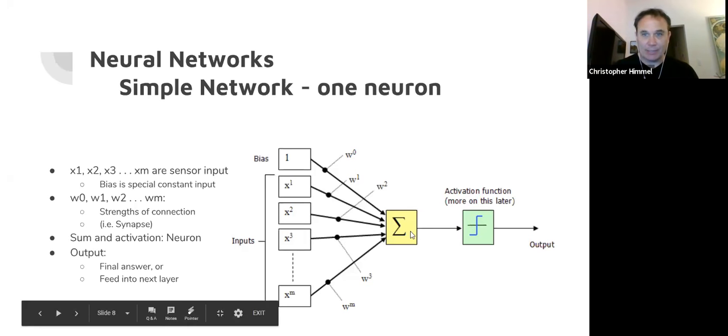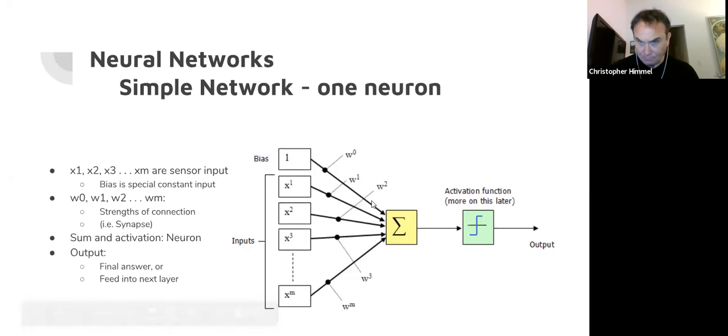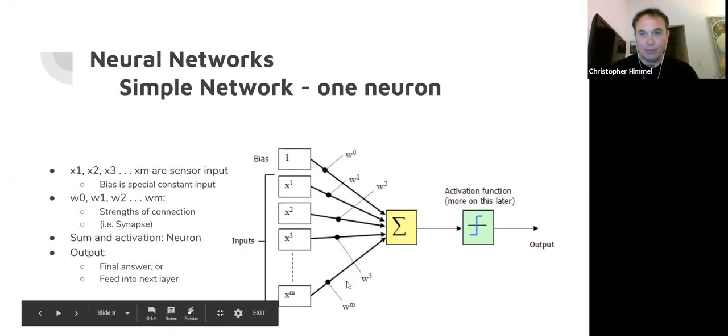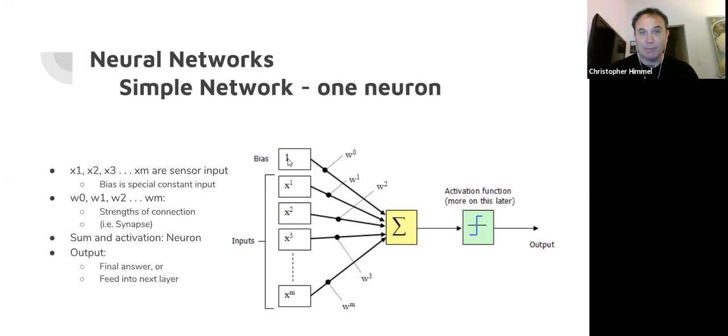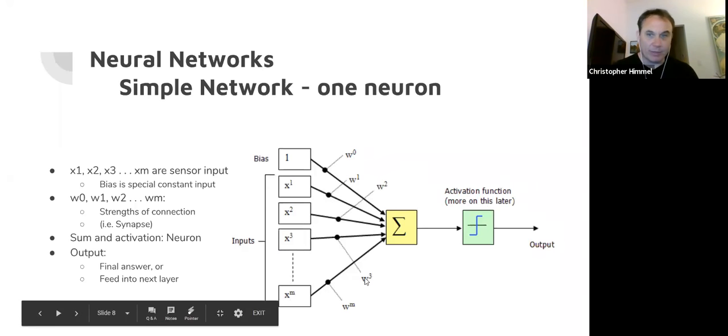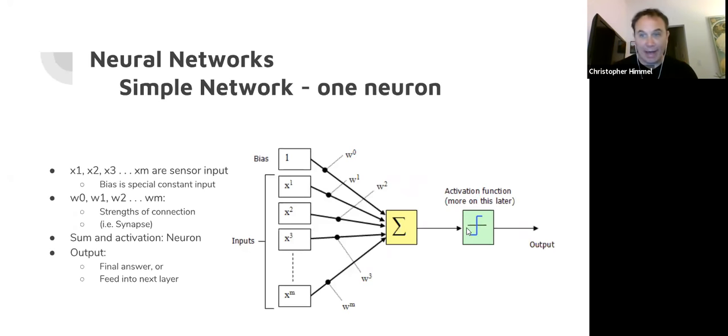This is the body, it's got two pieces to it. First part of the body is a weighted sum, and it's weighted by the weights, W0 multiplies by your bias, and W1 through Wm multiplies by each one of the inputs. So you multiply them, add them all together, take the answer, pass it through your activation function.